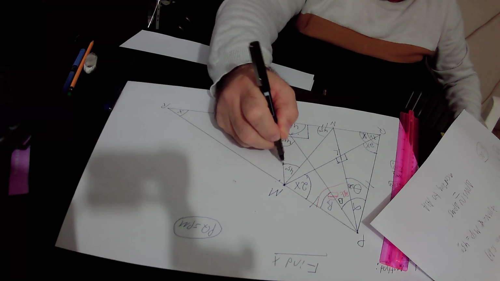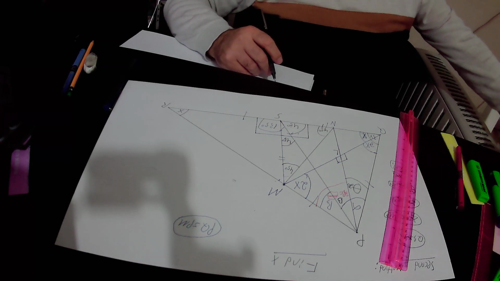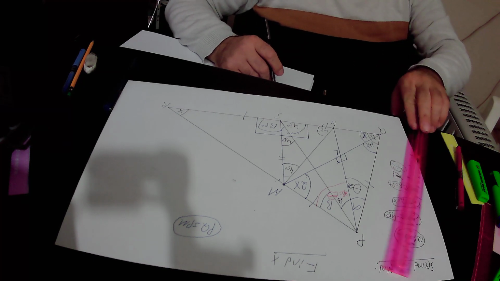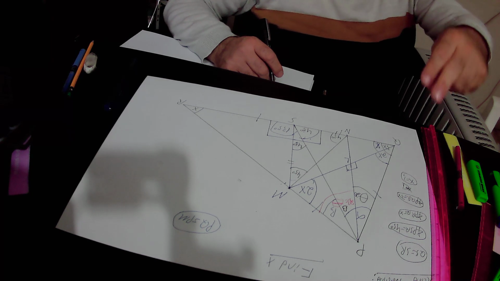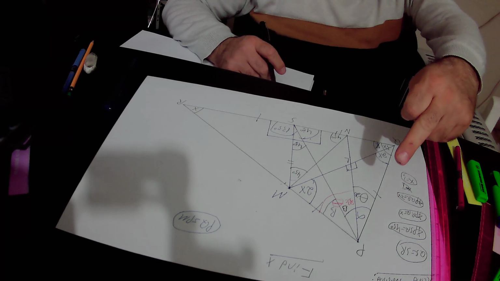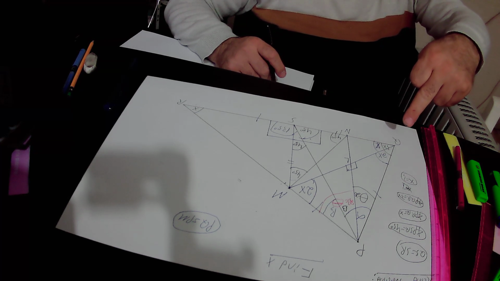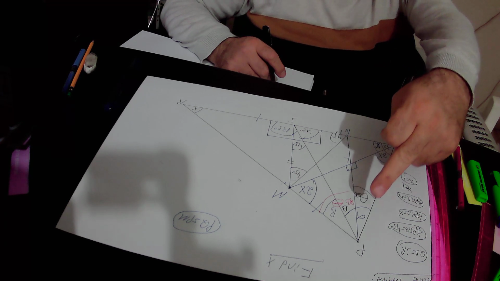Okay. In the next step, we will prove that triangle PQN is congruent to triangle PNM.